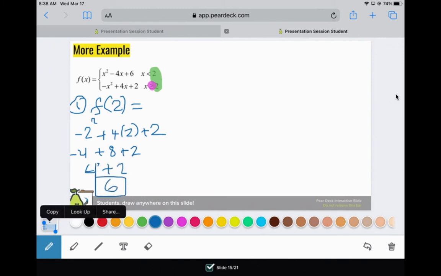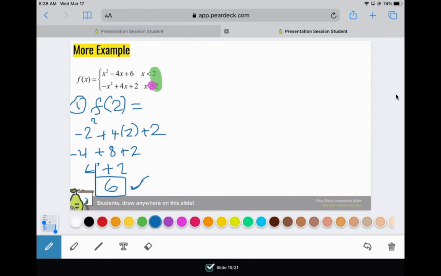What I mean by the function is defined is that if I plug it in, I get a number, then that is defined. If I plug it in and the calculator tells me it's an error, I don't know what to do with that, then that's not defined. So in this case, f of 2 is 6. So step number 1 is okay.